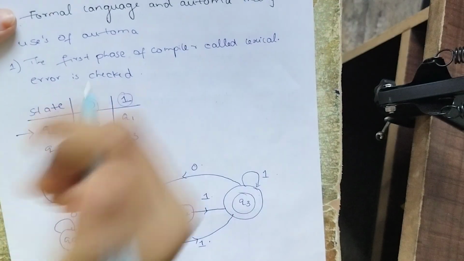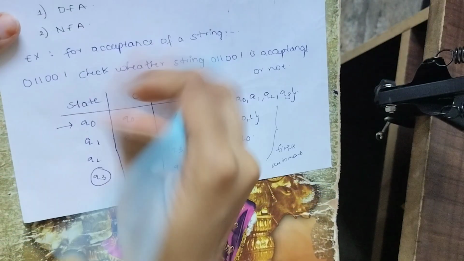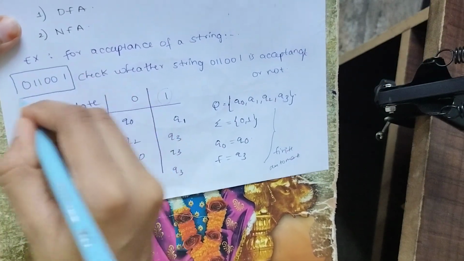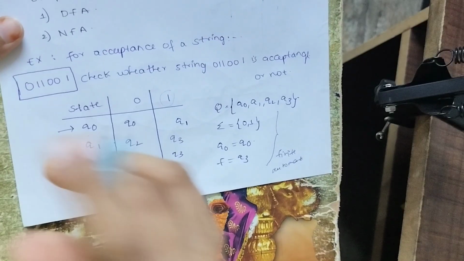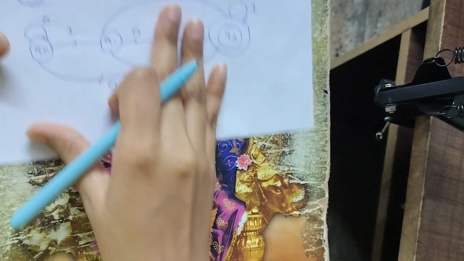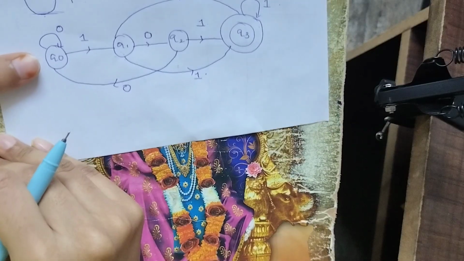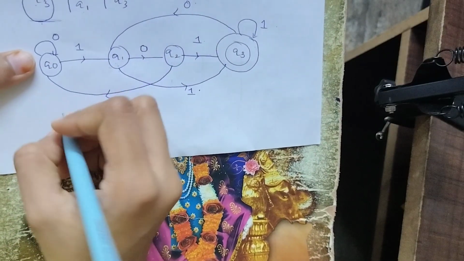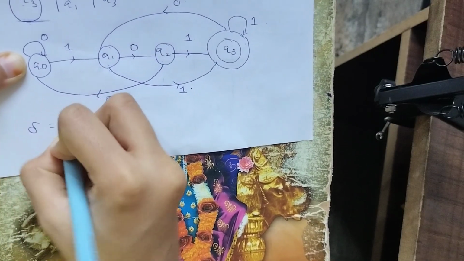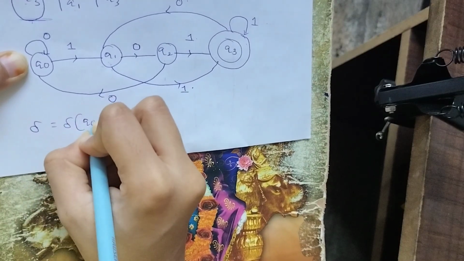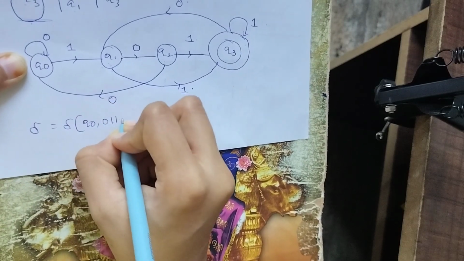In the question we have to check whether the string is acceptable or not. So from this we write what states can be traveled. Let us have delta of Q0 comma, and the string.